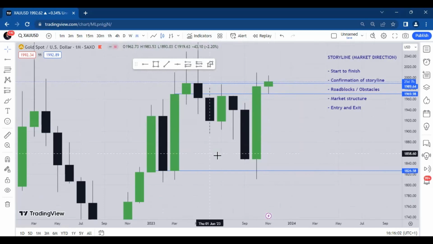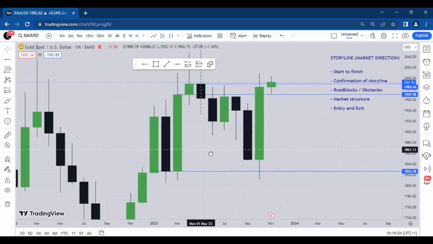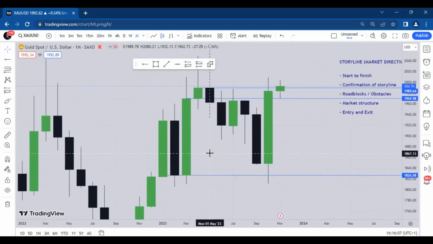It can be support anything or resistance anything. Price can move from a monthly left shoulder support and go to a monthly apex resistance. It doesn't matter. As far as it's a resistance, the storyline is still valid.